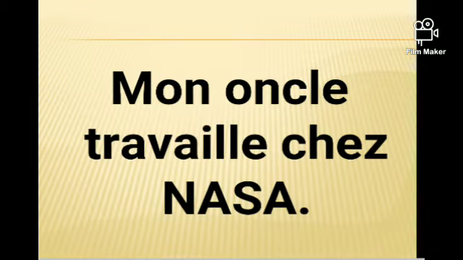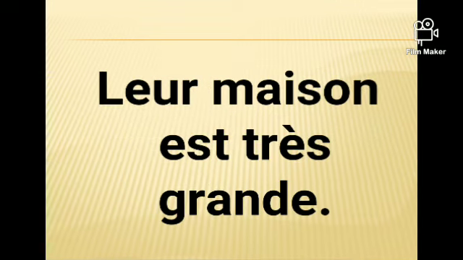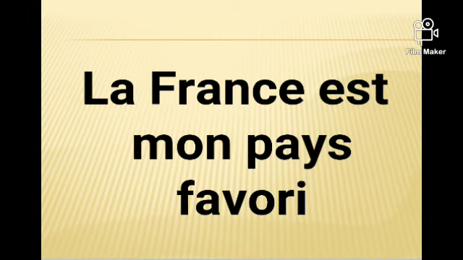For example, mon oncle travaille chez NASA, which means my uncle works at NASA. Leur maison est très grande, which means their house is very big. La France est mon pays favori, which means France is my favorite country.